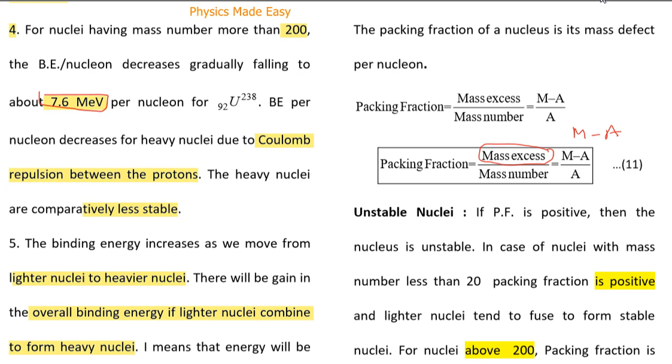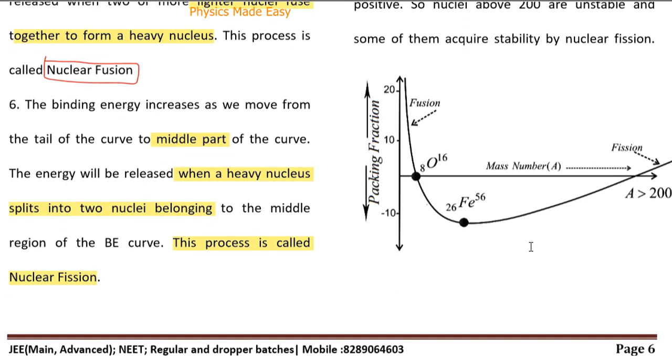Now unstable nuclei. First I will study the graph. All the nuclei with positive packing fraction are unstable. So nuclei, you can say this block of mass numbers up to 20, 16 in fact.